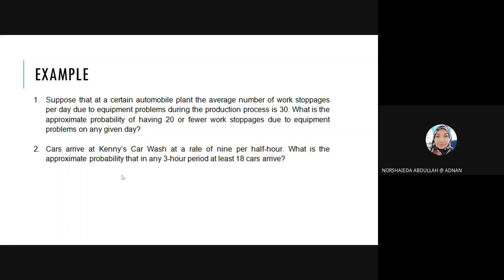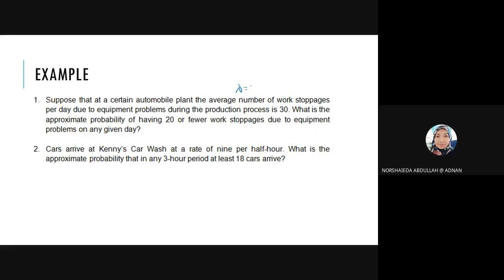Example 1. Suppose that at a certain automobile plant, the average number of work stoppages per day due to equipment problem is 30. Okay, so this is the lambda, the number of stoppages per day.